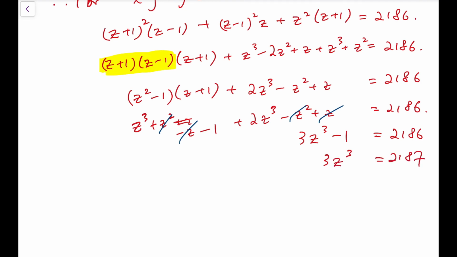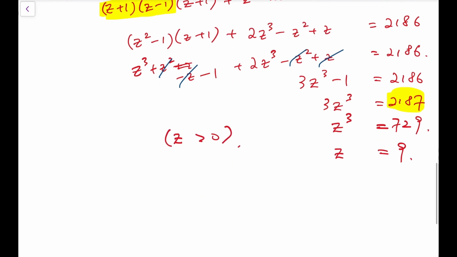And so 3z cubed is 2187. Now this number is special because this is 3 to the power 7. So after solving, we should have z to be 9 because we know that z is positive. So from this, x is 10 and y is 8.